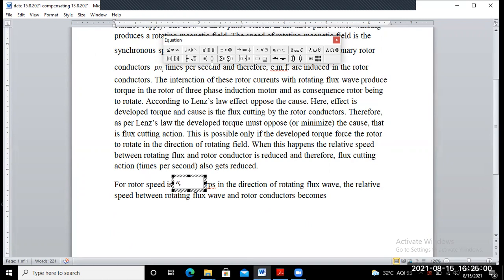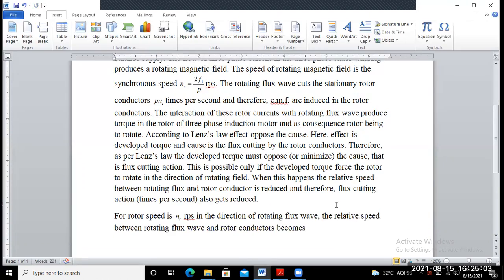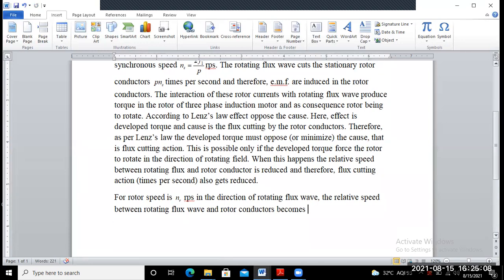So the relative speed between the rotating flux wave and the rotor conductors placed on the rotor becomes ns minus nr.